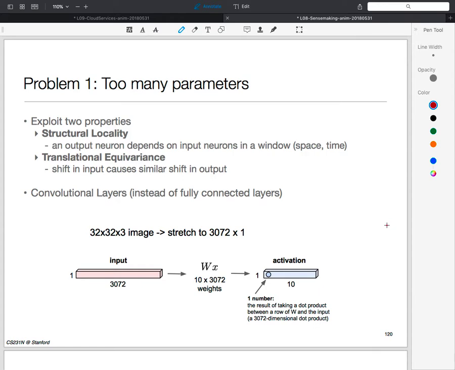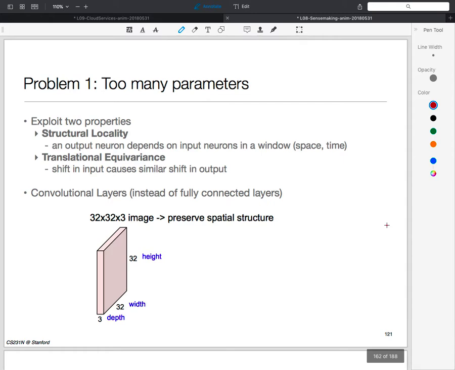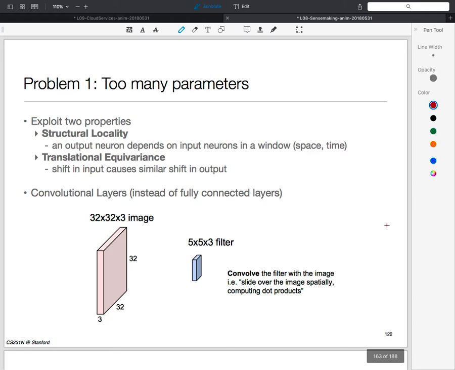These two concepts come into play in the way we process information, and we reduce the number of parameters. Instead of taking the whole input and having each neuron feed to every output, as might be the case over here, I have an input vector. Let's say I have an image 32 by 32 by 3, so I can think of it as 3072 numbers. Instead of every number affecting each one of these 10 outputs, I go back to the fact that I really have an image, and I think of it as a little pattern detector, looking for patterns in different parts of the image.